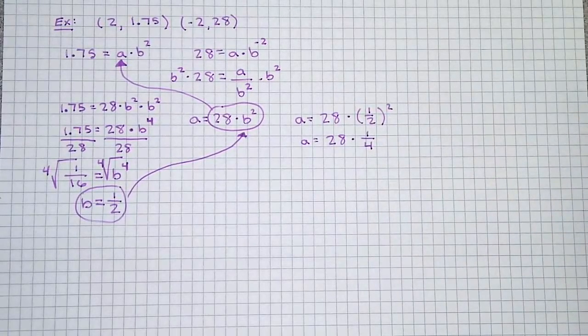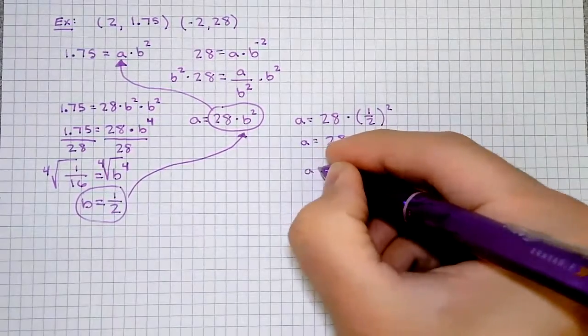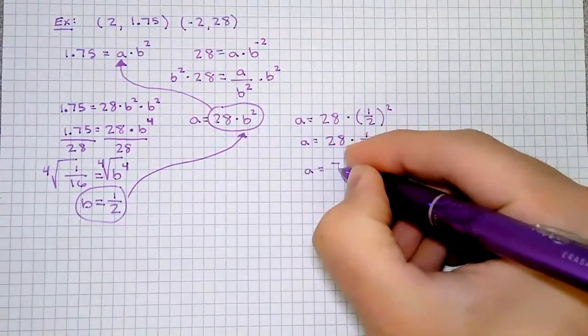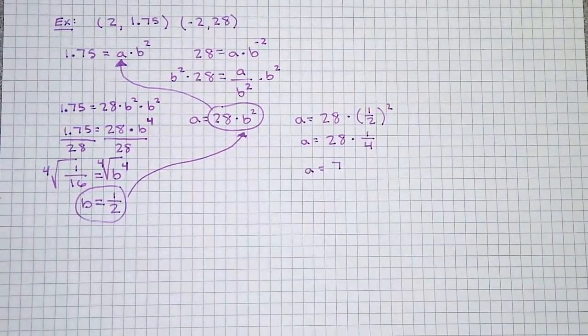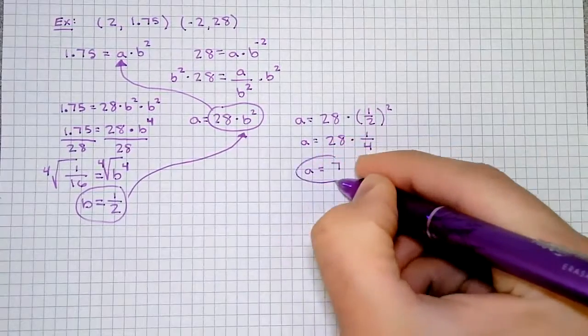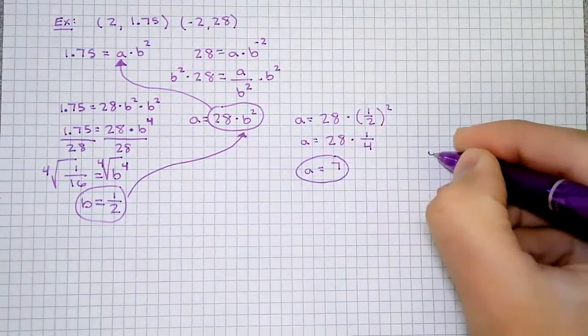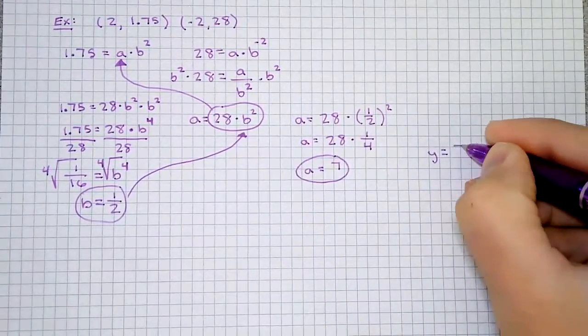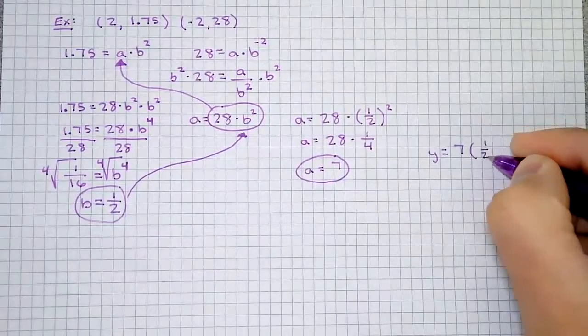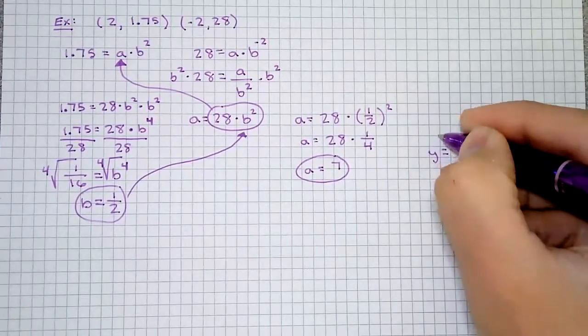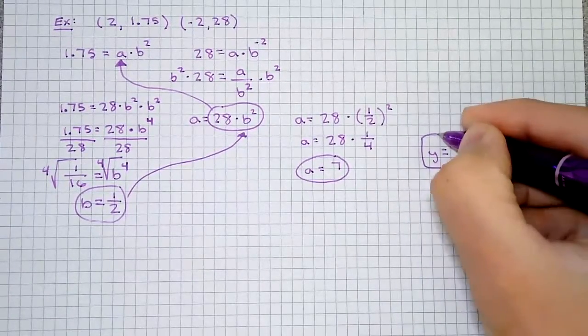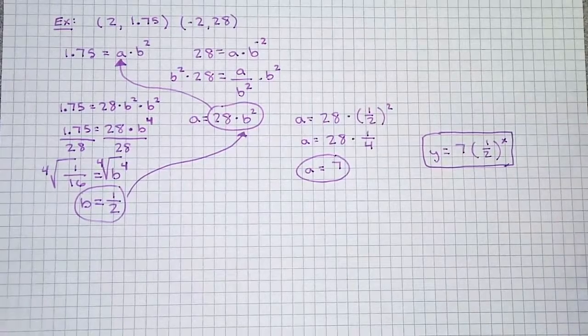One half squared is 1/4. 28 times 1/4 gives us an a value of 7. Ta-da. So we get 7 times 1/2 raised to the x.